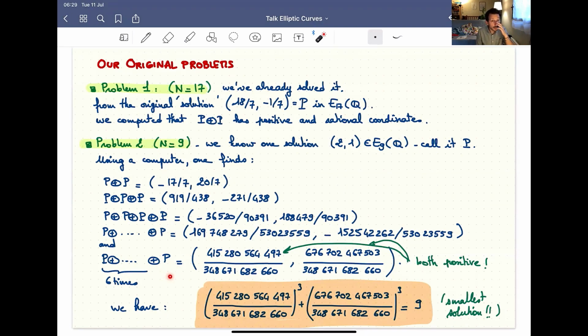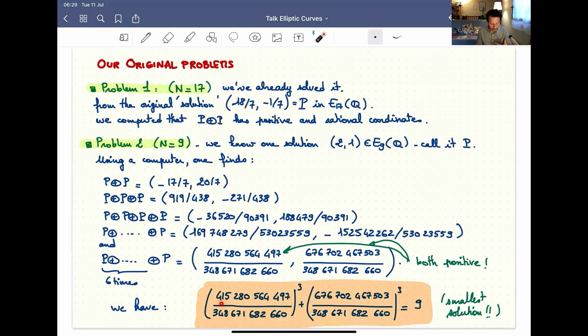So this is one of the reasons why elliptic curves are used in cryptography. It's a typical problem in crypto: I have given a solution, it's easy to check that it's actually a solution, but finding the solution is very hard.